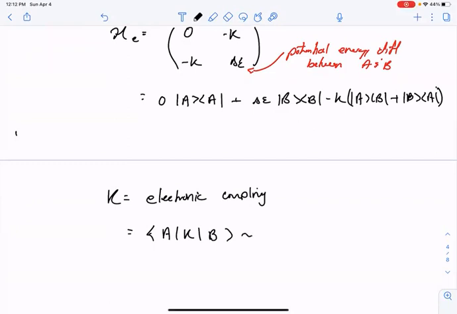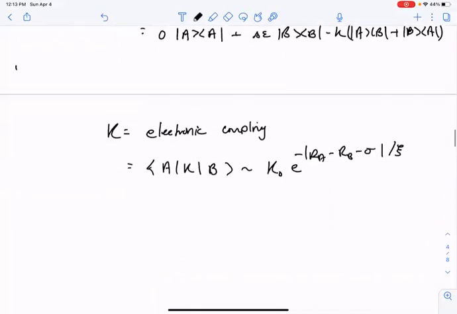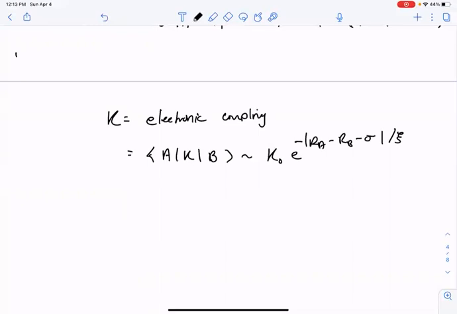Typically, it has the form of some constant, say K naught, and will depend on how close spatially A and B are from each other. Essentially, the picture is that this is from some electron overlap. If I draw my two species again.